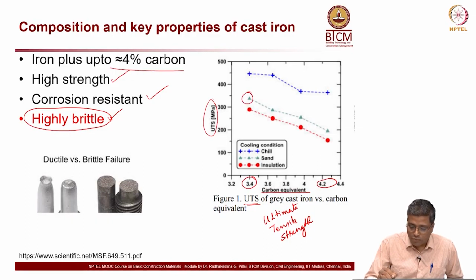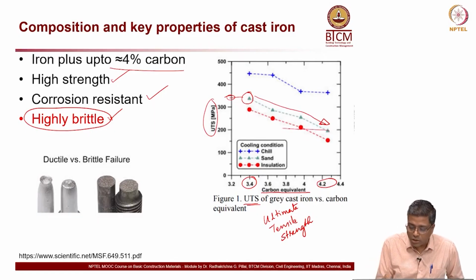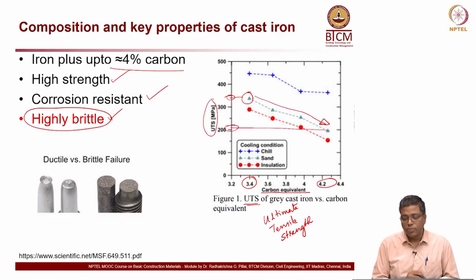Okay, at 3.4% carbon, the strength is about, let us say, 350, and when it reaches about 4.2, the strength decreases to about 200.